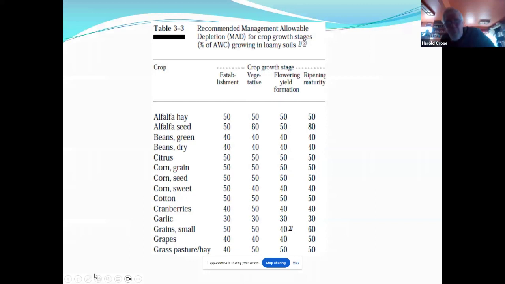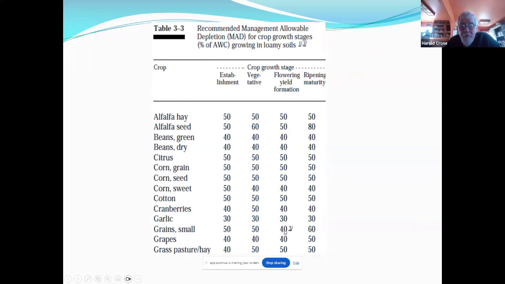So here, again, out of the irrigation guide, table 3.3 shows the different crops and what the management allowed depletion would be for that crop stage. So if you're on garlic, you can never let that soil profile go below 30% ever. You're going to have to get back and put it on. Small grains during flowering stage, that's where you would design that system, right?